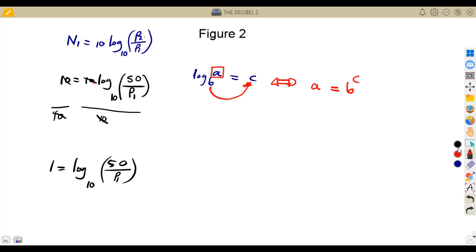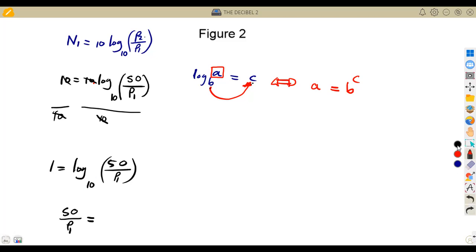If we write this in exponents, it is going to be 50 over P1 equal to the base to the exponent of the answer. Our base in this case is 10 to the exponent of our answer here, which is 1.